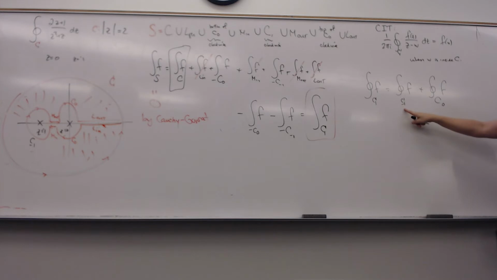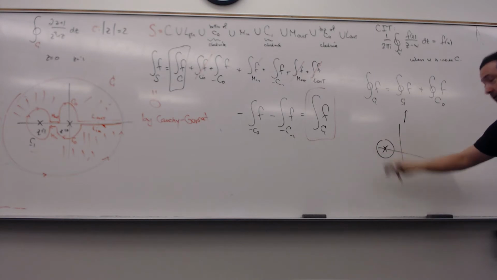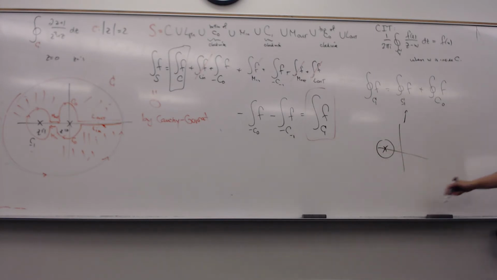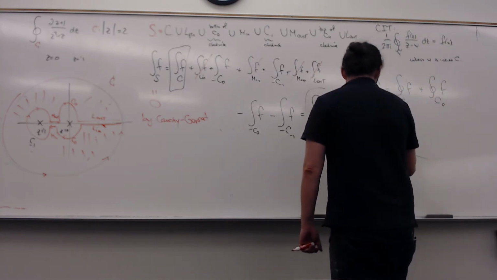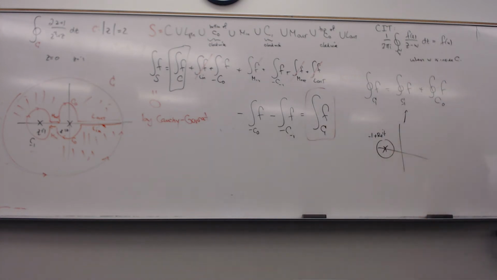But this is a much easier situation because this integral is performed like this. Here's minus 1, there's a little circle around it, where this circle you can think of as being minus 1 plus re to the it, if you like. You don't even need that because we're going to use the Cauchy integral theorem to calculate that.